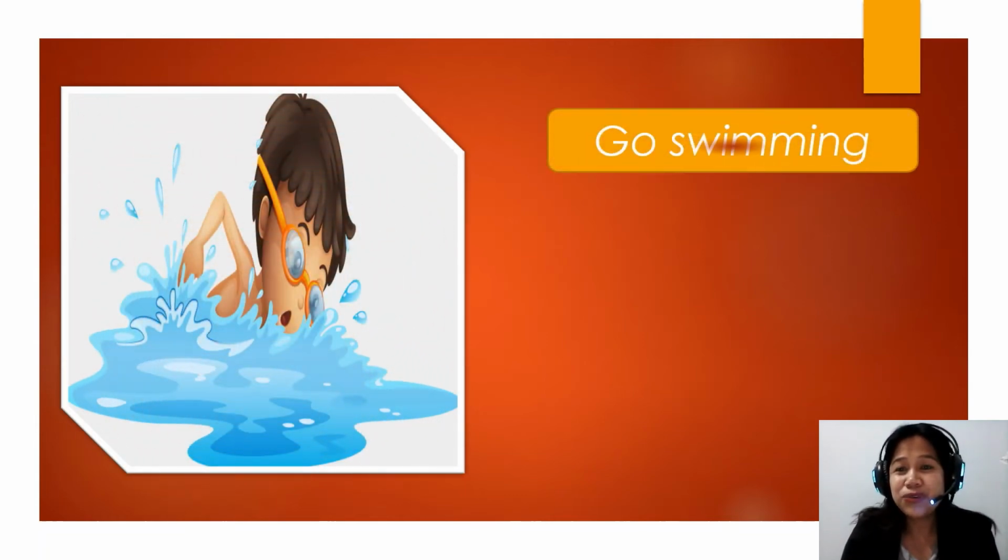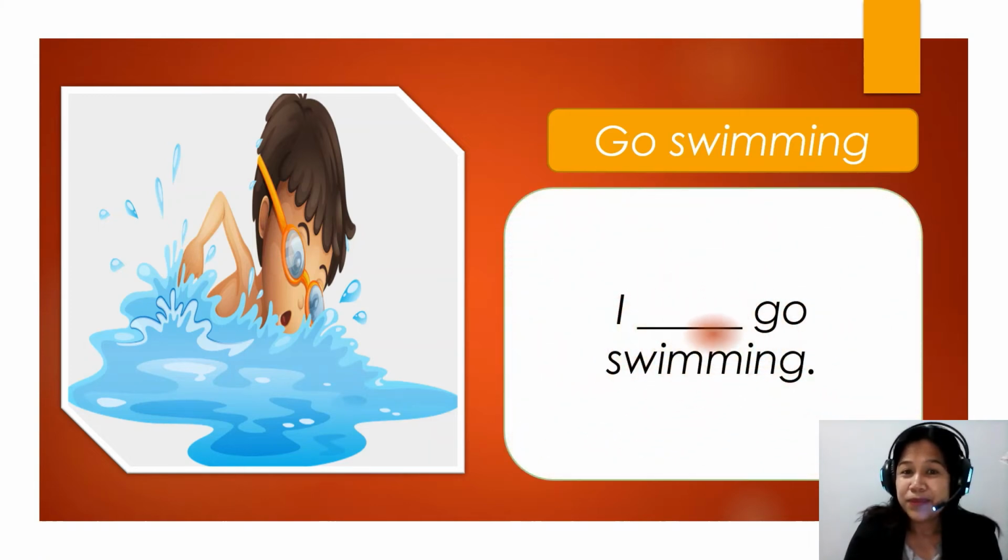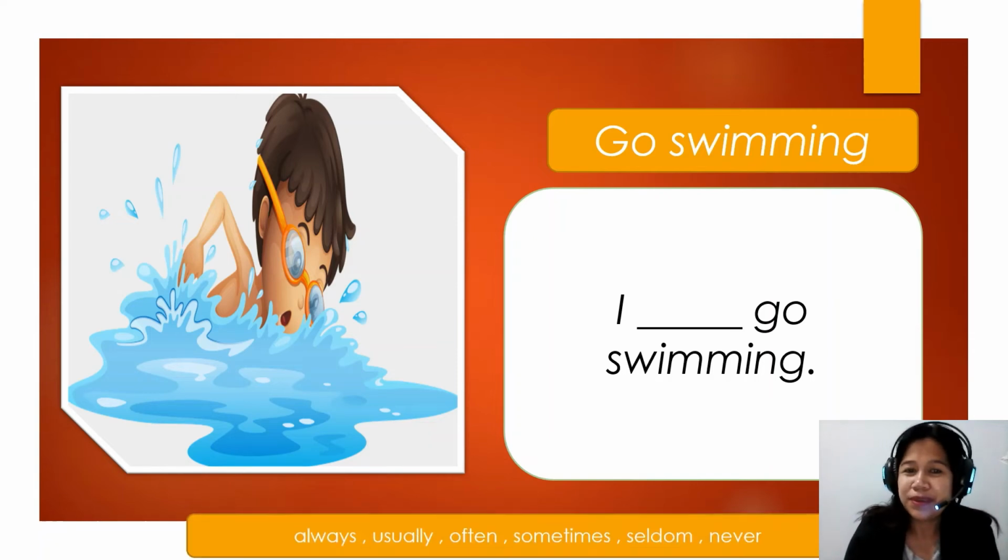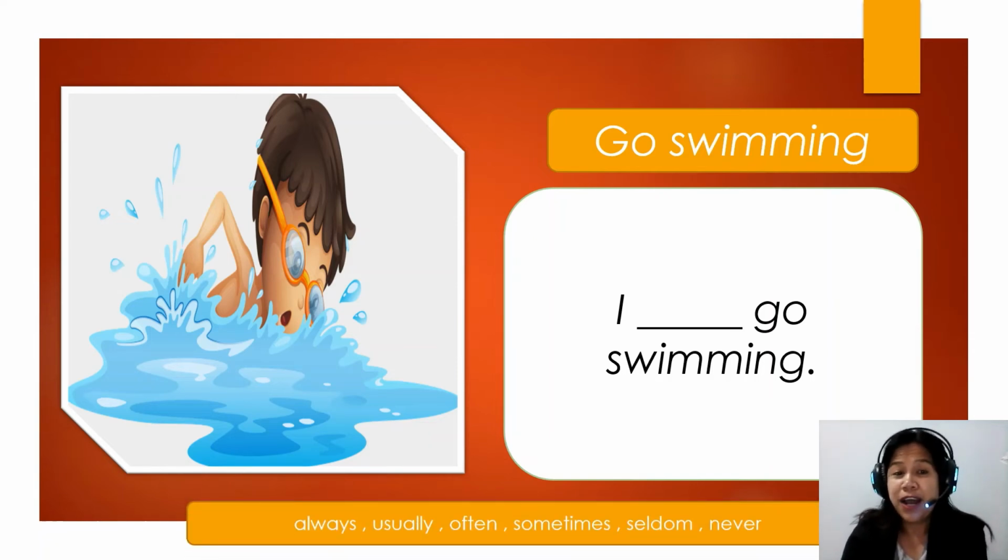Go swimming. How often do you go swimming? So you say, I go swimming. You have to choose from always, usually, often, sometimes, seldom, or never. What would be your sentence?